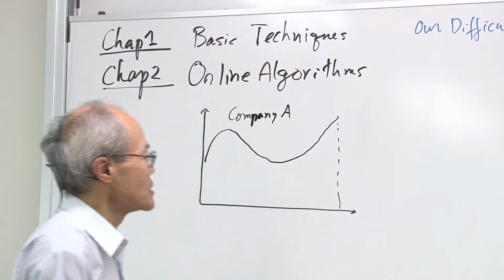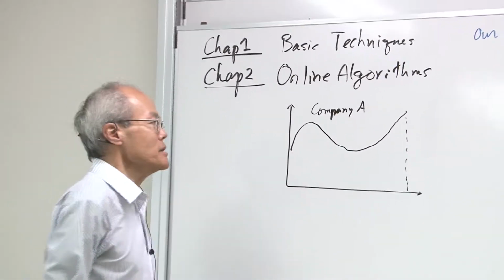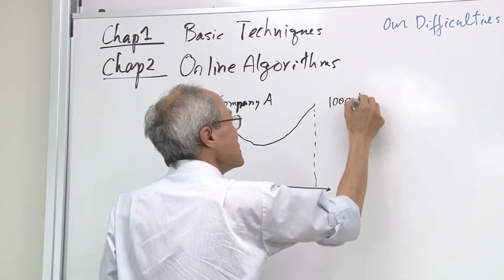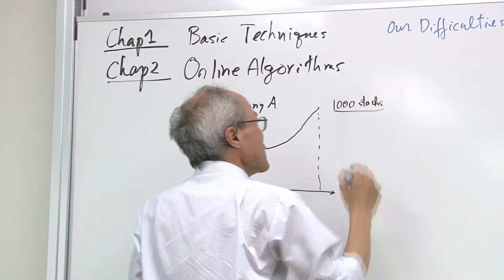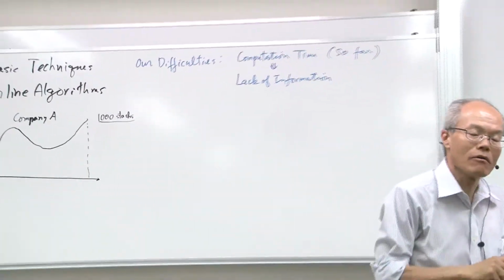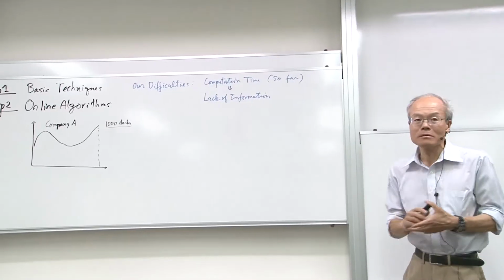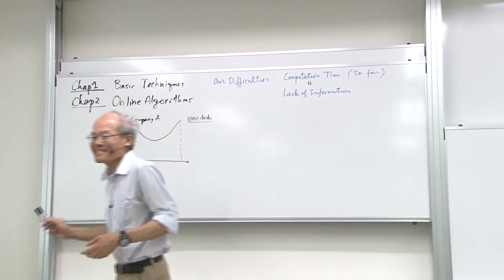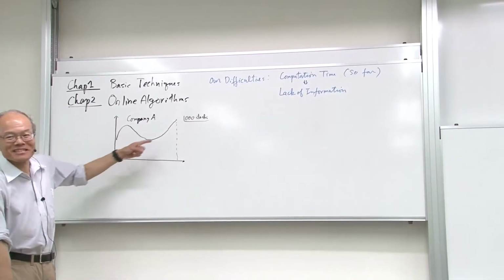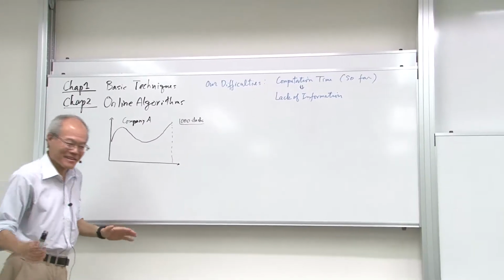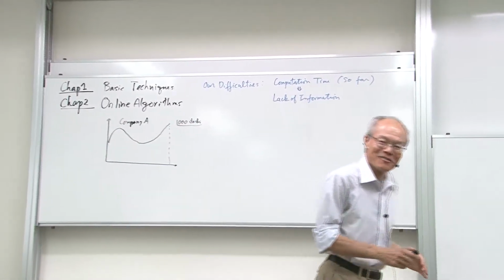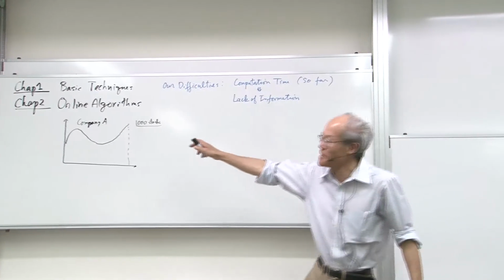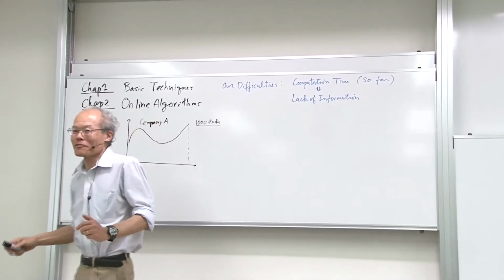So this is the stock price of company A, and suppose that you are holding 1,000 stocks of company A, and exactly this is today. This curve is actually something like the real one. As you know, in Japan, our stock market is quite booming right now, so this looks exactly like real stock prices.